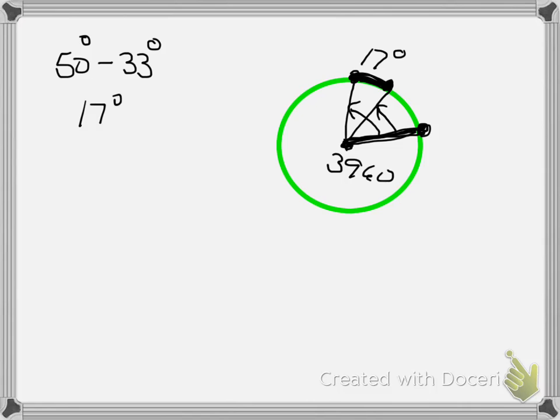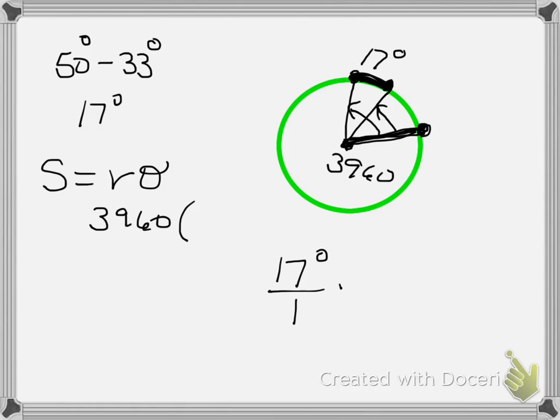So now I want to do S is equal to R theta. R is the radius, but my problem with the theta is it's 17 degrees. I need it in radians. So I'm going to convert 17 degrees into radians.